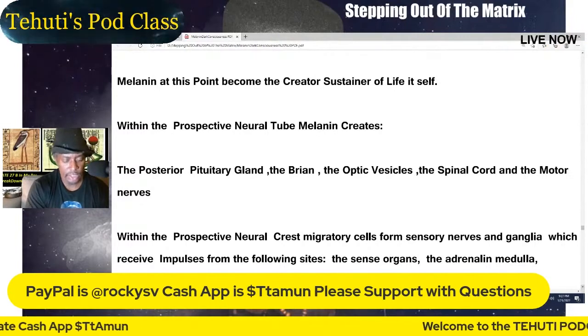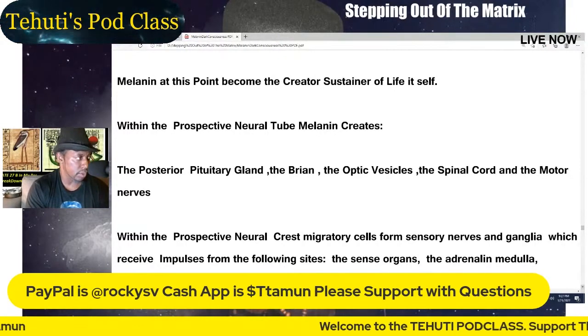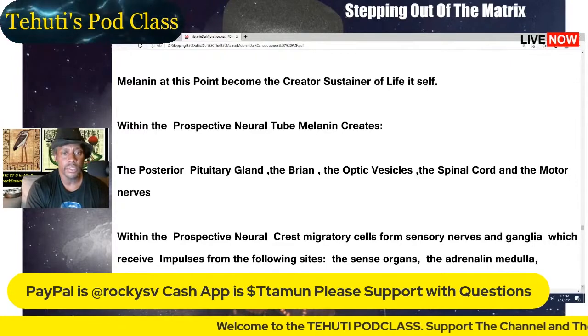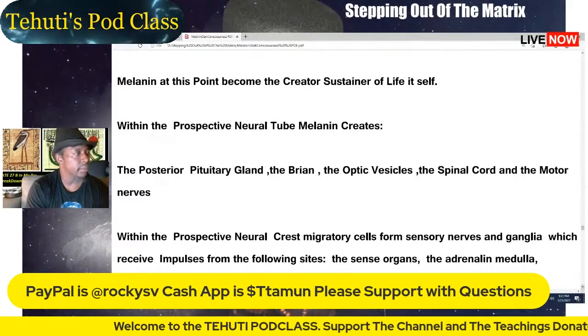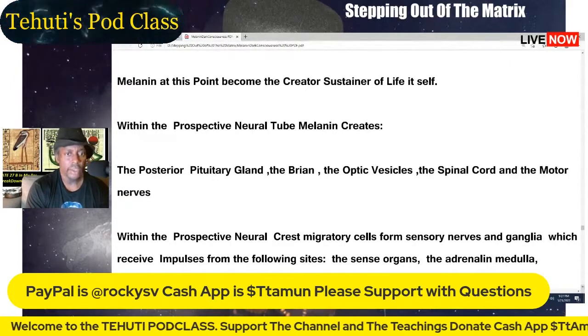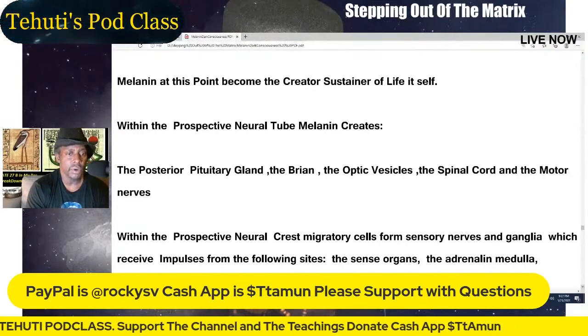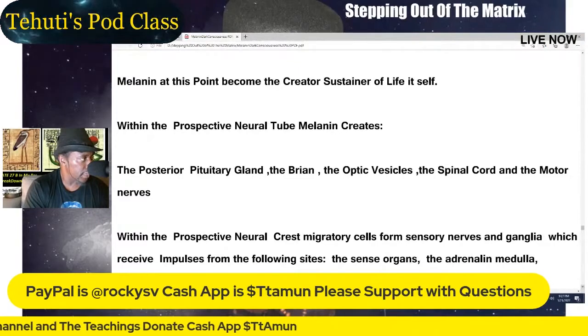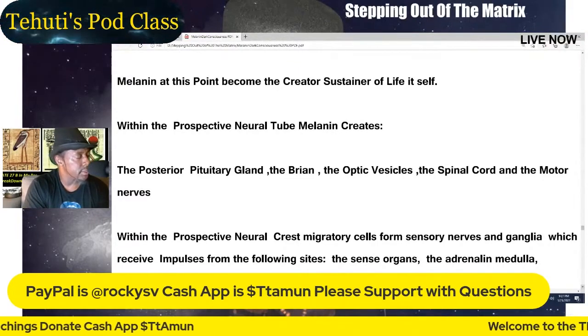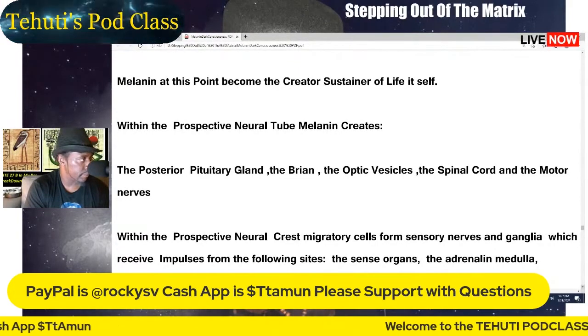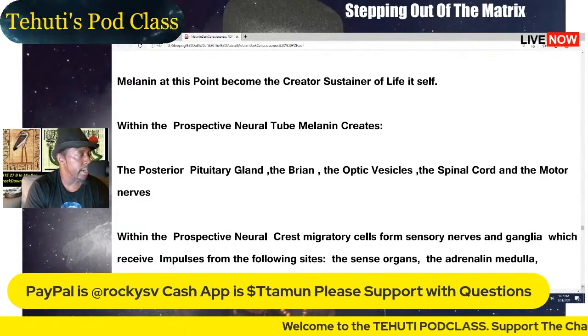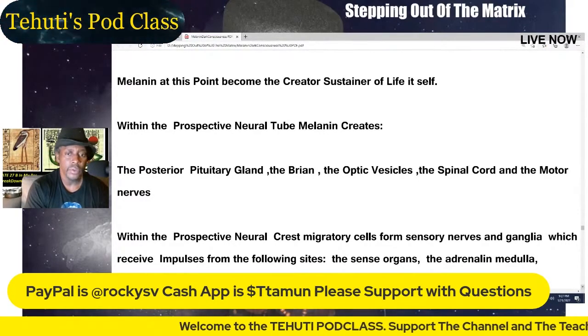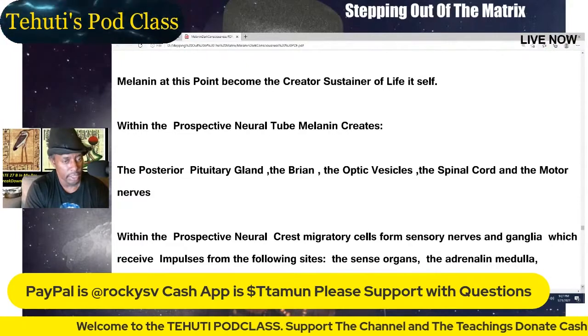Your skin is actually left a little bit darker than what it was in that area before it was damaged. It's actually melanin that's helping heal and bring your body back together, because it's what created the brain, the optic vesicles. That's how you can see. If you remove melanin from your eyes, you're now blind. You put melanin back into your eyes, into where they're supposed to go, and now you can see again.